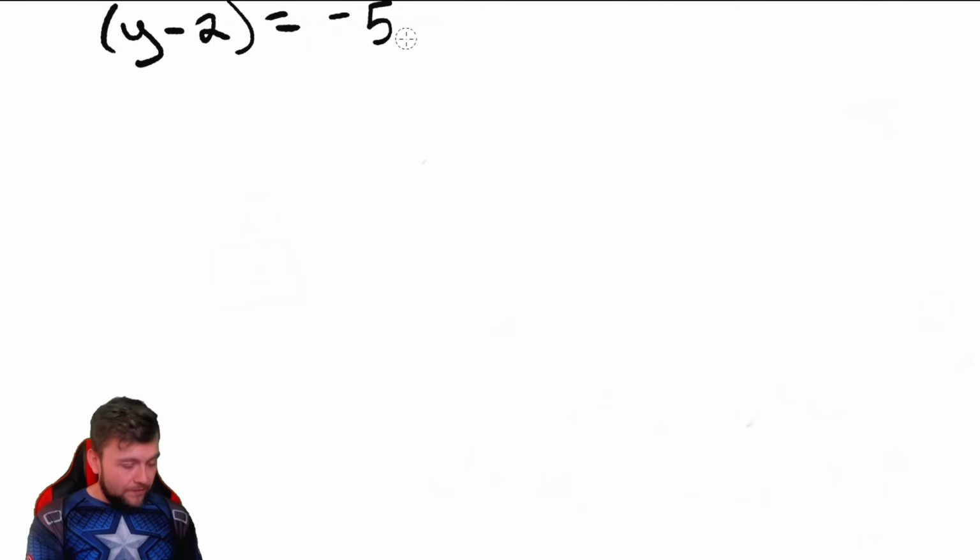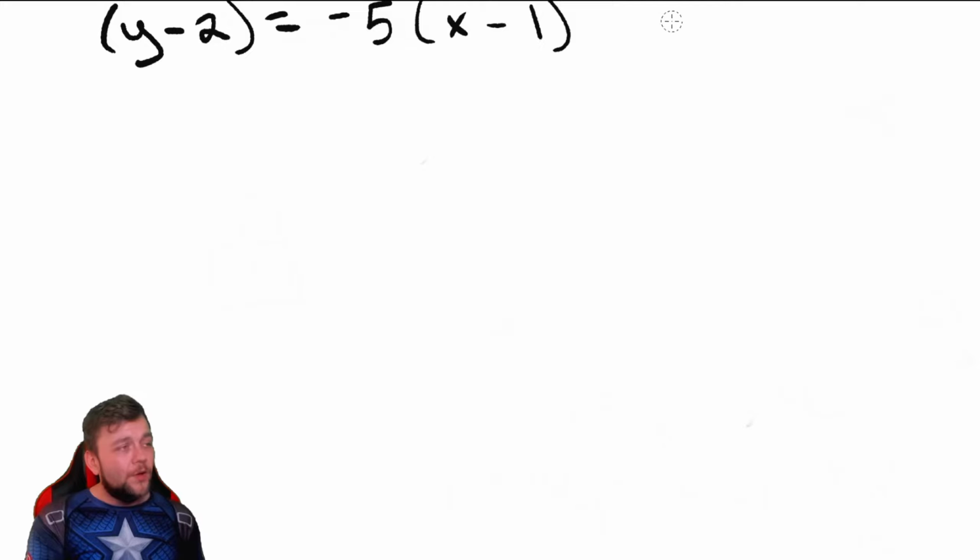Let's rewrite this problem. I'll write a problem up on the board, and we're gonna rewrite this into slope-intercept form. Minus 5 times x minus 1. So I'm asking you to, let's make this a little bit neater.